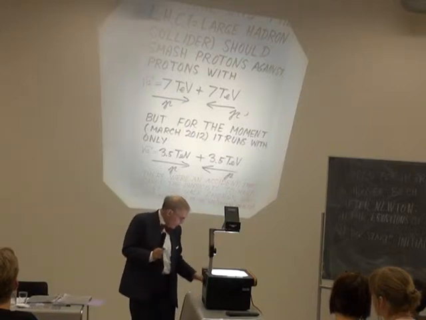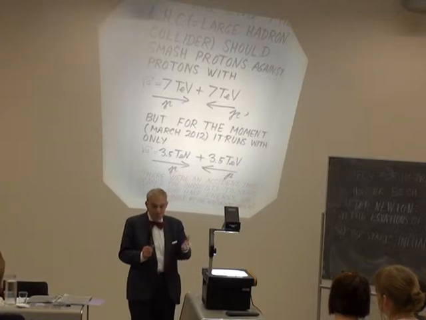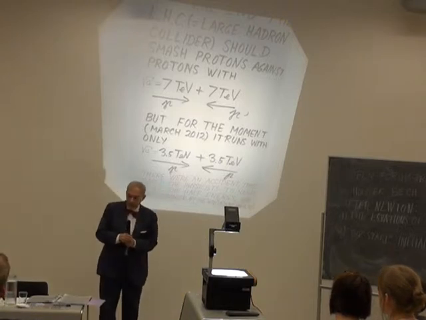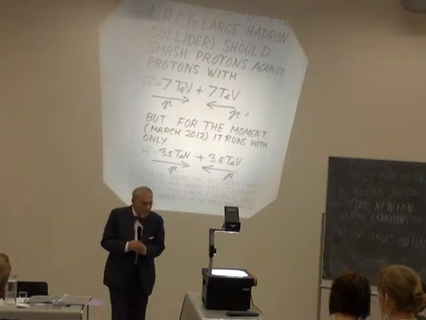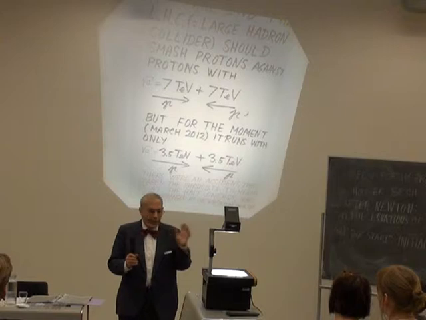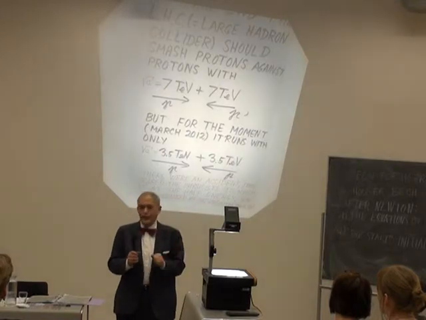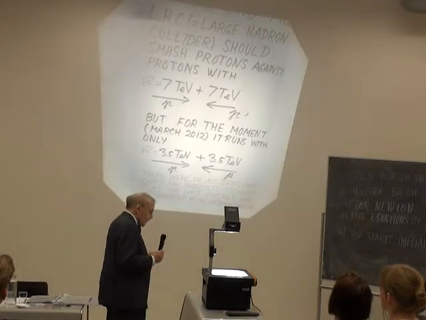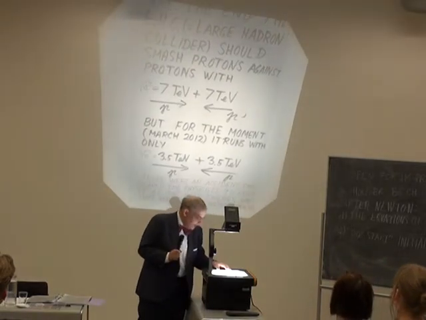GeV is 10 to the 9 instead of 10 to the 12 electron volt. And there, it would have been impossible for any means of transportation, jet planes or anything, to follow the difference between them. There was too big a difference. But now we have this.